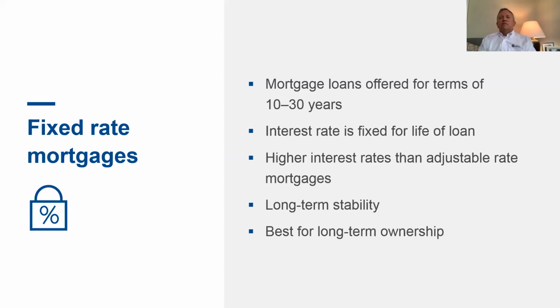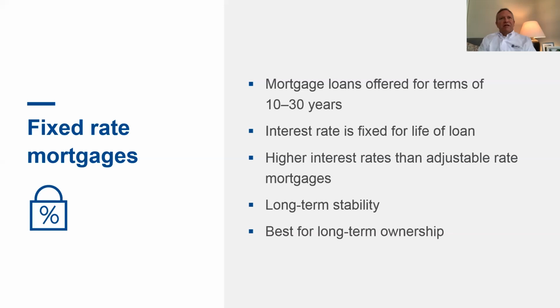This is a great loan for a member who has a longer horizon of ownership. So someone who wants to raise their family in this particular home, perhaps retire in this home, or just has plans to keep this property for many, many years because of the long-term stability that goes along with that fixed rate mortgage. Rates have been incredibly low for the past 2 years.